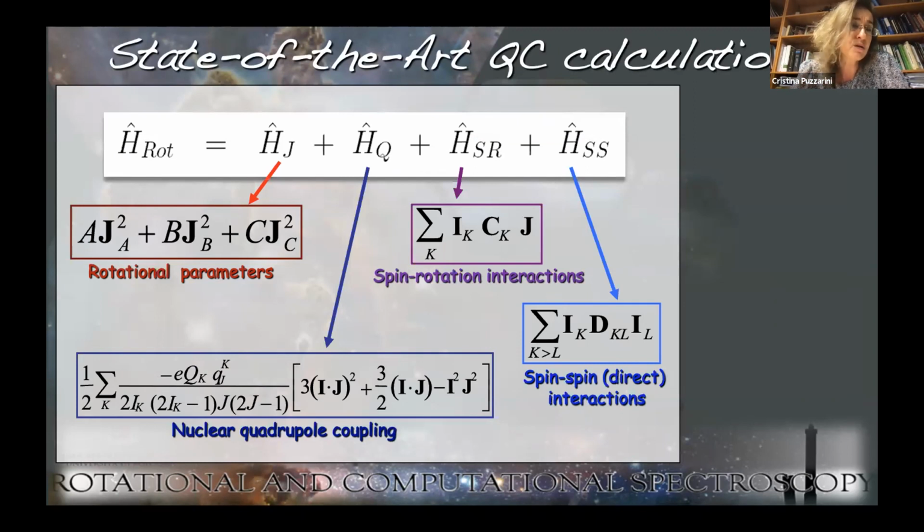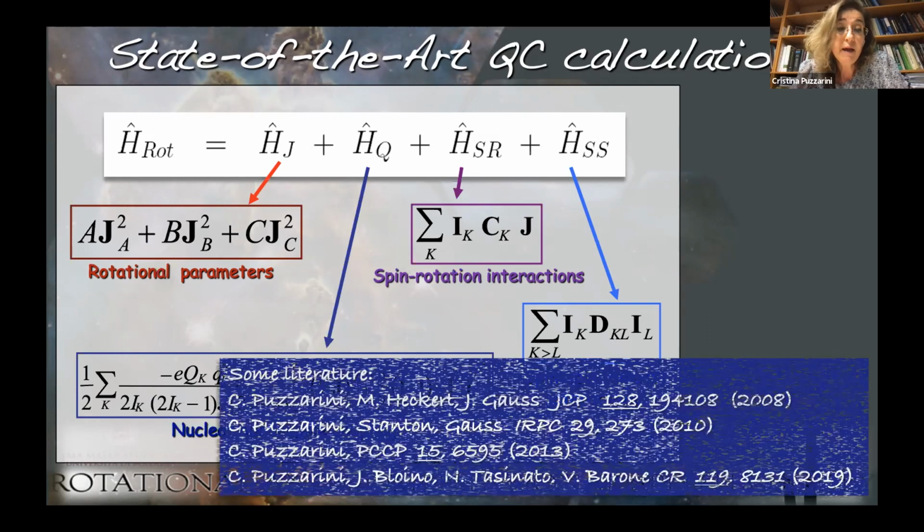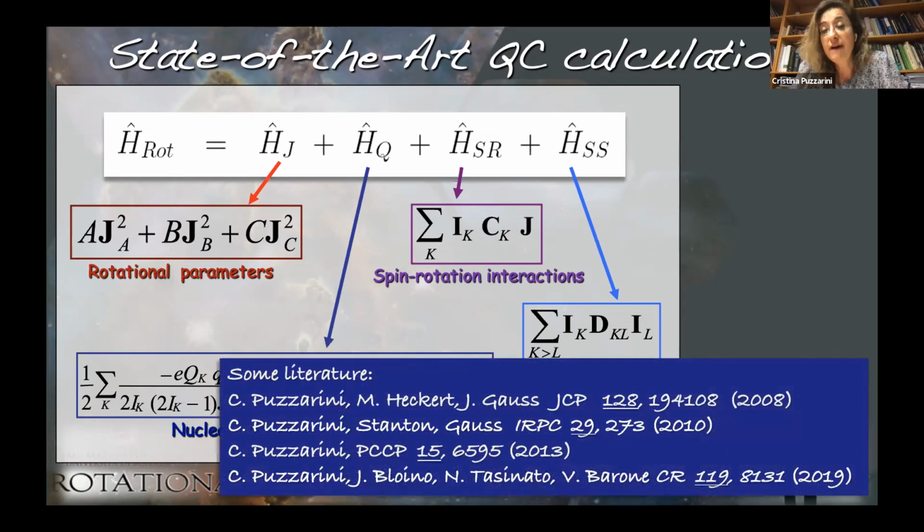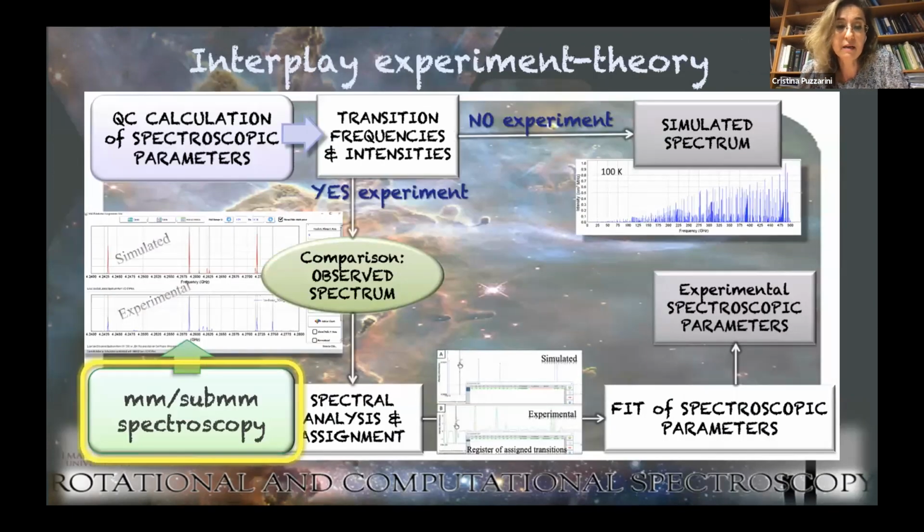Usually the rotational constants are the most important, then we have centrifugal terms, and sometimes, even for astrophysical purposes, we need hyperfine parameters. And here you can find some literature about the work and the state of the art in this field.